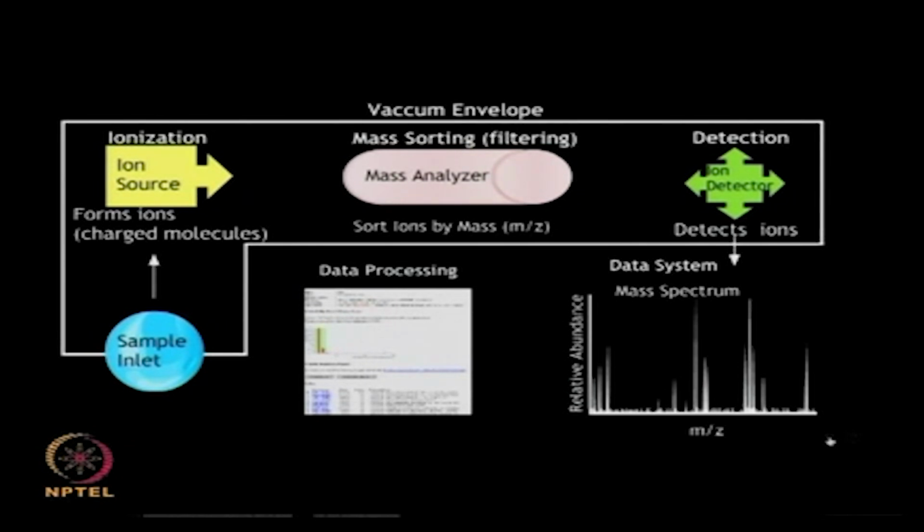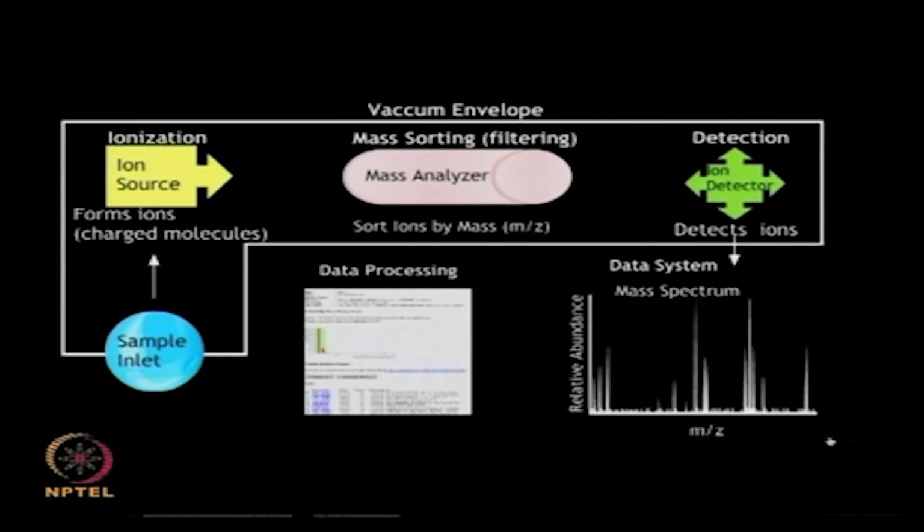Let us first define these terms so that our understanding of each component becomes clearer when we come to the advanced concepts. Sample inlet. This is the first point of contact where the sample is introduced into the mass spectrometer either as liquid nanodroplets or as a mixture with the matrix.